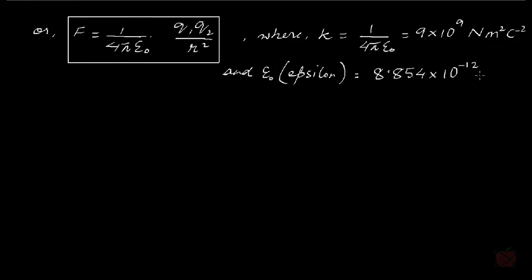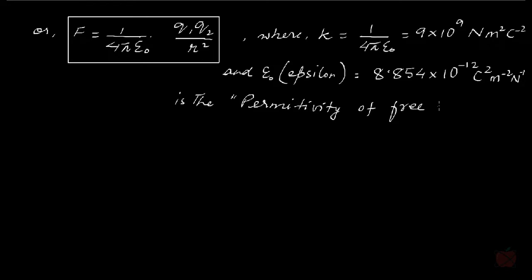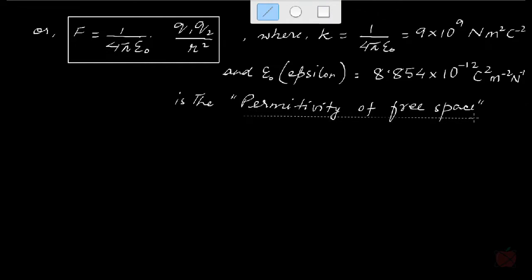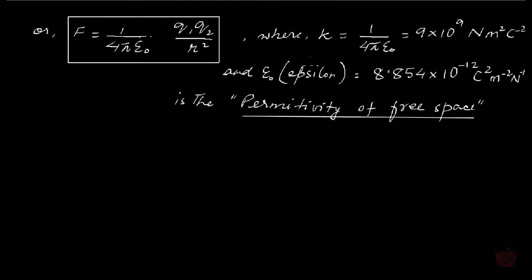So it will be Coulomb square per meter square per Newton. Got it? This has a name: permittivity of free space. That is basically the name of epsilon naught, the permittivity of free space.